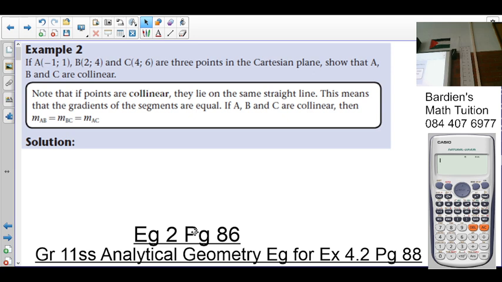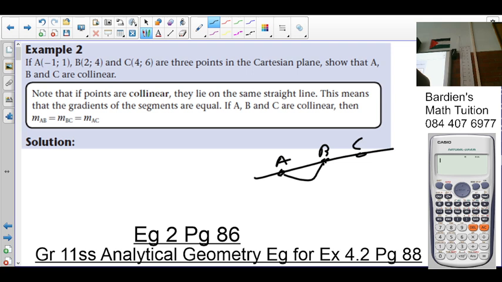Now if you have 3 points and 2 of the gradients are equal, automatically the third will be. What third am I referring to? If you got this line here, which has those 3 points, A, B, C. If the gradient of AB is equal to the gradient of BC, automatically it will also be equal to the gradient of AC.